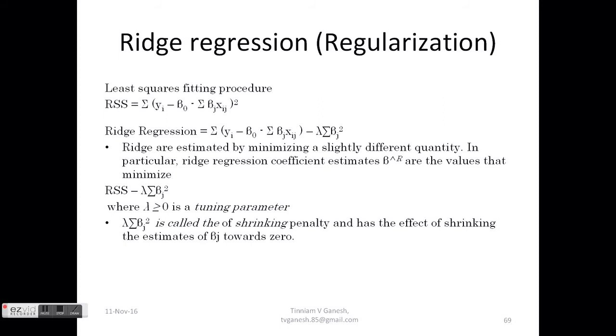Typically this lambda is known as a tuning parameter, and essentially what it does is it shrinks or reduces the effect of some of the parameters close to zero, or in other words it makes the effect of some of the predictors almost zero.